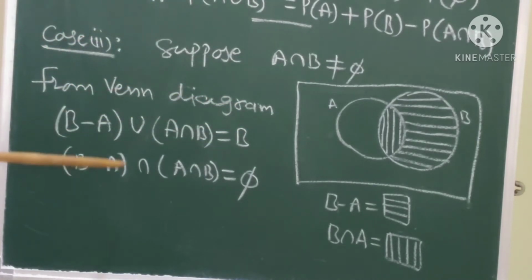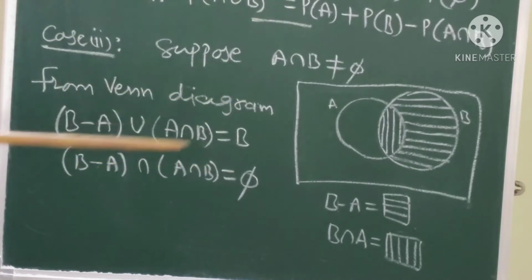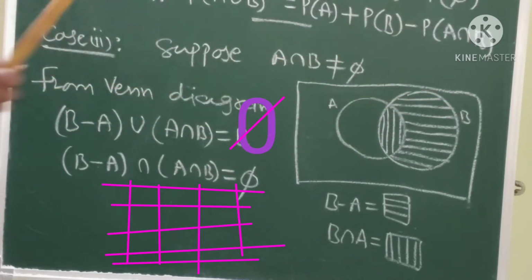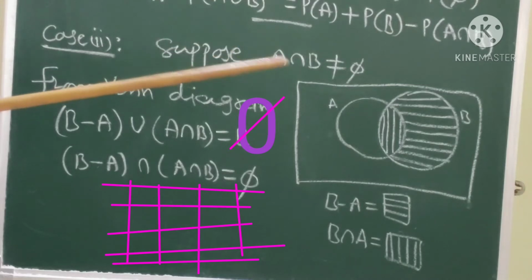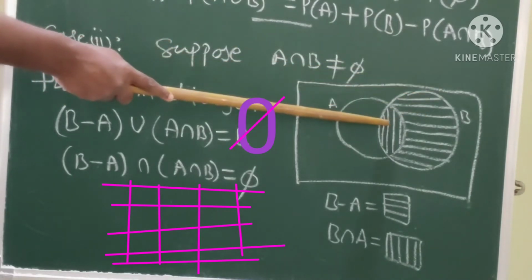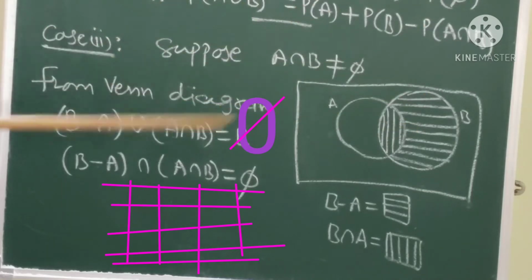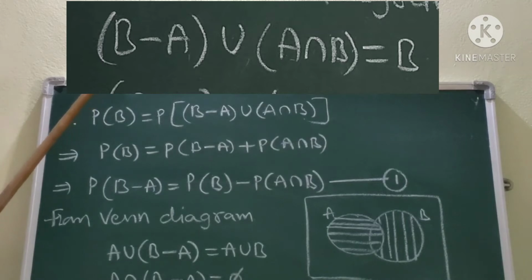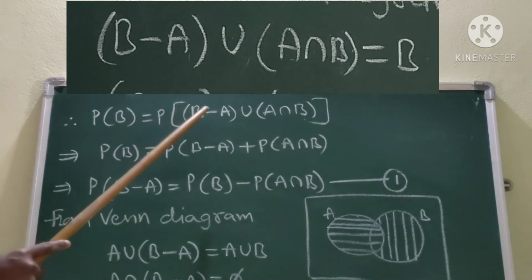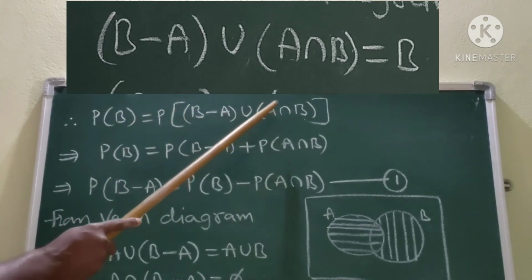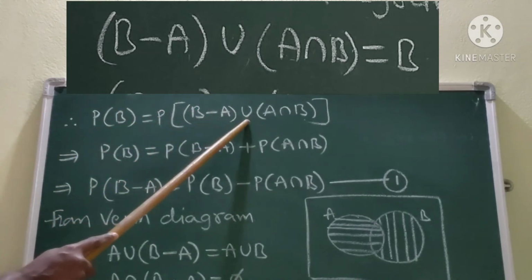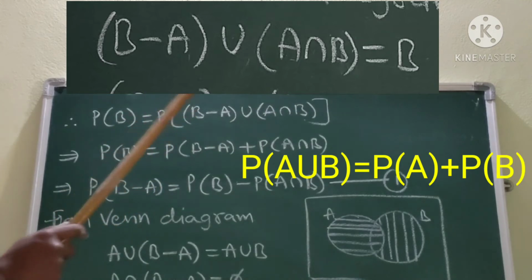Now B minus A intersection A intersection B, that is the intersection part of horizontal lines and vertical lines. There is no intersecting. Horizontal lines and vertical lines are different from each other. So we can say that the intersection part is the null set. By applying probability on both sides, we get P of B is equal to P of B minus A union A intersection B. Here this is nothing but the P of A union B form.